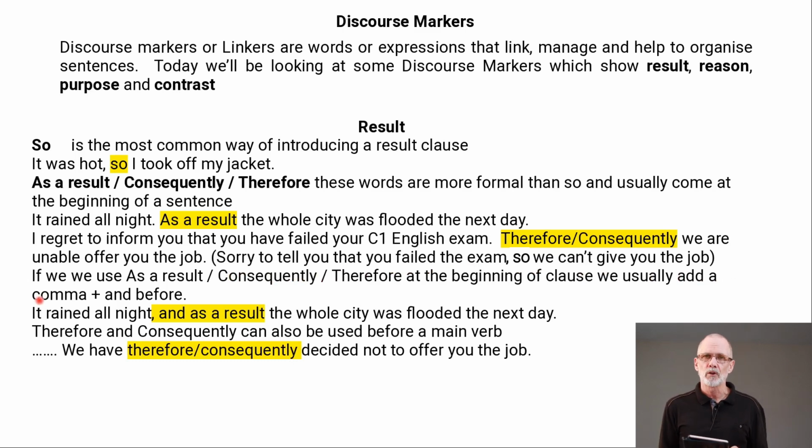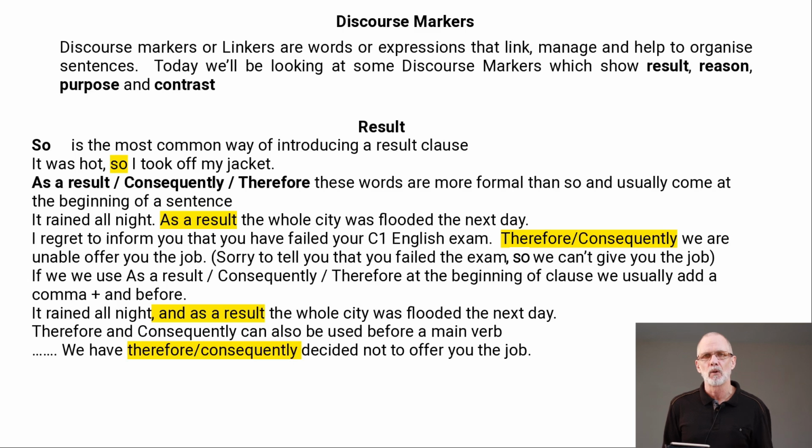So let's continue with some more rules and some more examples. If we use as a result, consequently or therefore at the beginning of a clause, we usually add a comma plus and before. For example, it rained all night, comma, and as a result the whole city was flooded the next day.